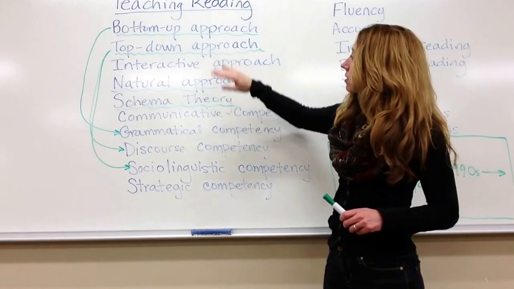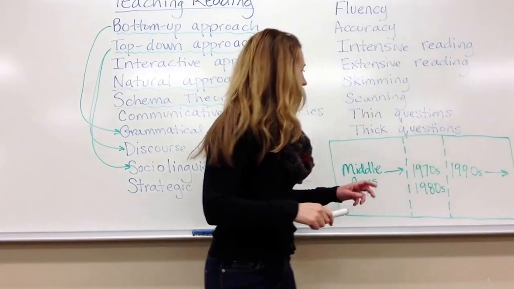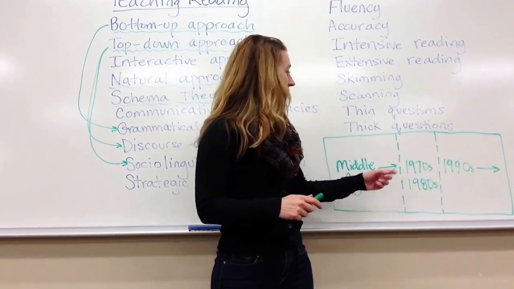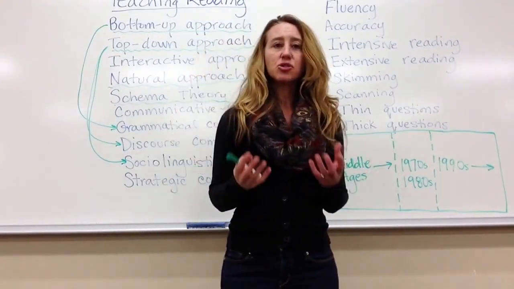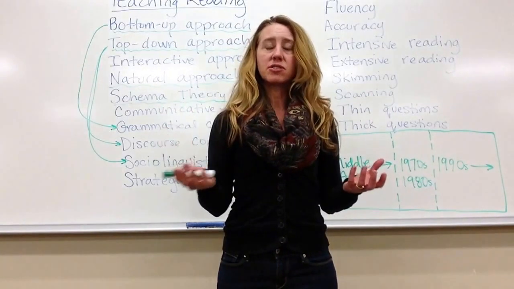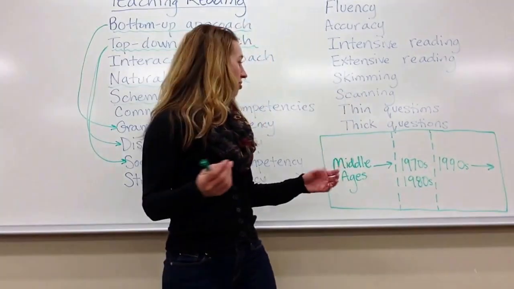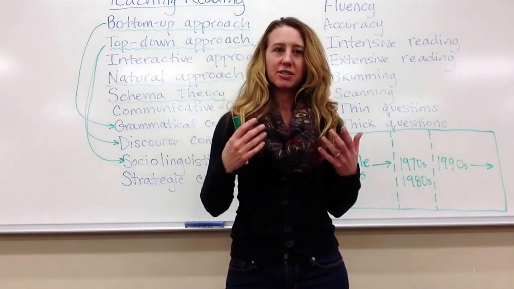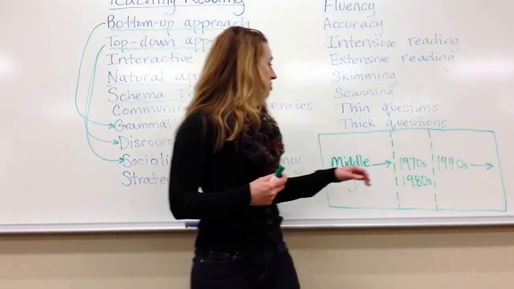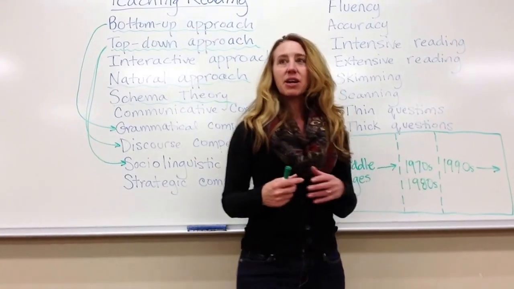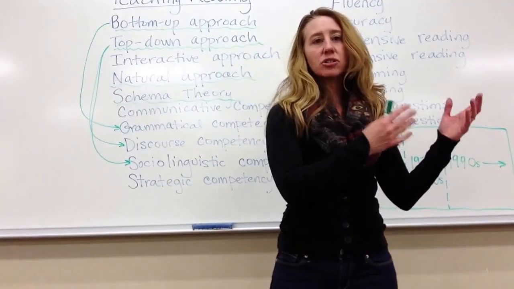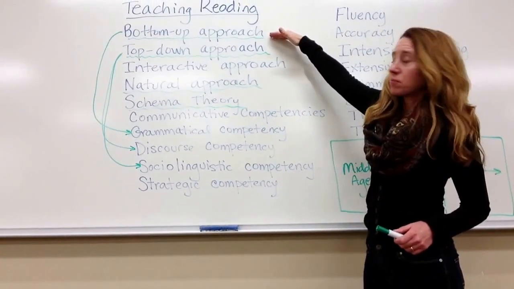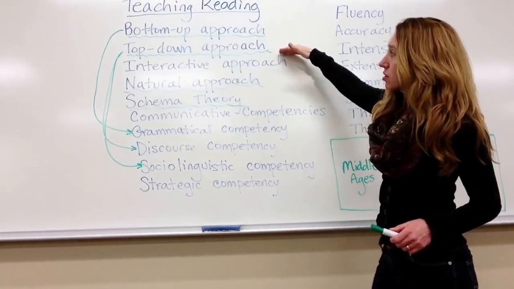So the top-down approach is a little more complex than the bottom-up approach. What you had happen in the 1970s is you've got these two pieces, the natural approach and schema theory, and they both impacted the way we thought about the teaching of reading so much. So much so that in our field, the pendulum swung very drastically from the bottom-up approach to the top-down approach.